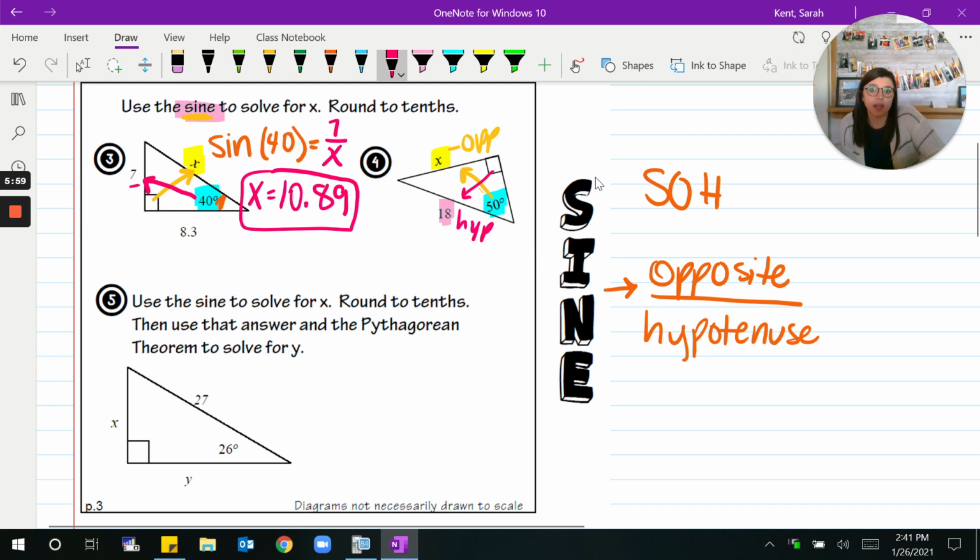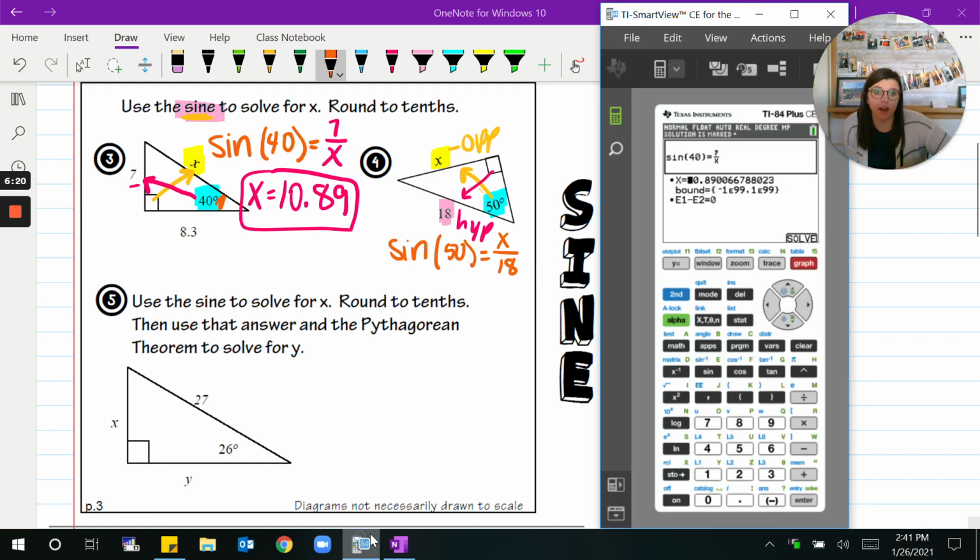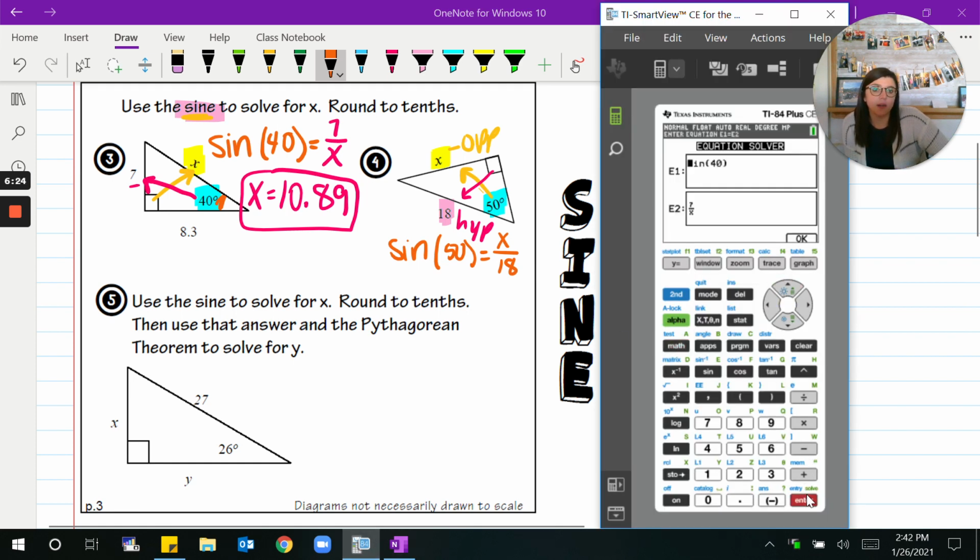So again, we'll set it up just like we did on number 3. So I'll do sine, and then my angle, which is 50, equals, since it's sine, I want opposite over hypotenuse. So I want x over 18. And again, I can go to my calculator. I can go math up, enter.